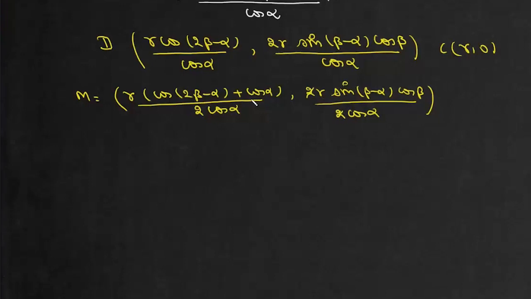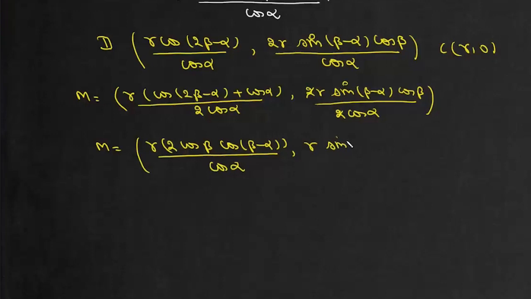Now this is cos C plus cos D. We can write 2 cos C plus D by 2 into cos C minus D by 2. So it will be this M, and this is r, and this 2 cos C plus D is beta, and C minus D is beta minus alpha upon cos alpha, and this is r sine beta minus alpha cos beta upon cos alpha, and we have this 2 here, so this 2 and 2 will cancel, so that is a coordinate of M.